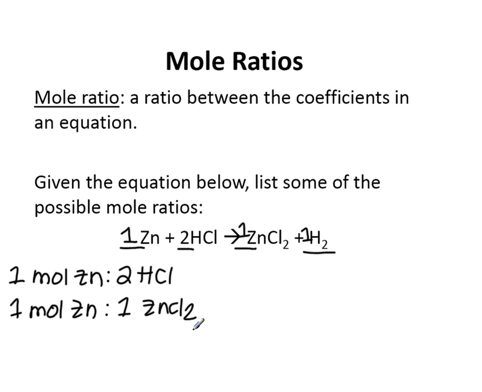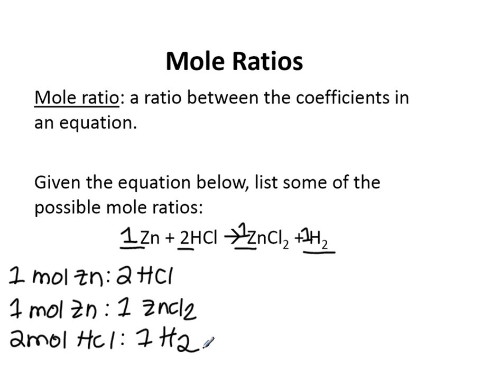You could pick another, one reactant, one product, it doesn't matter: 2 moles of HCl to 1 mole of hydrogen. You can make whatever ratios you want with any combination of reactants, products, or one of each. It'll all just depend on what the question's asking you.